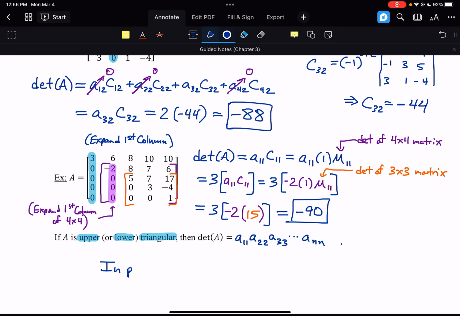So in this previous example, notice this is upper triangular, right? Everything below the main diagonal is 0. So if we just take all the terms on the main diagonal and multiply them together, 3 times -2 times 5 times 3 times 1, that's -6 times 5 is -30 times 3 is -90.